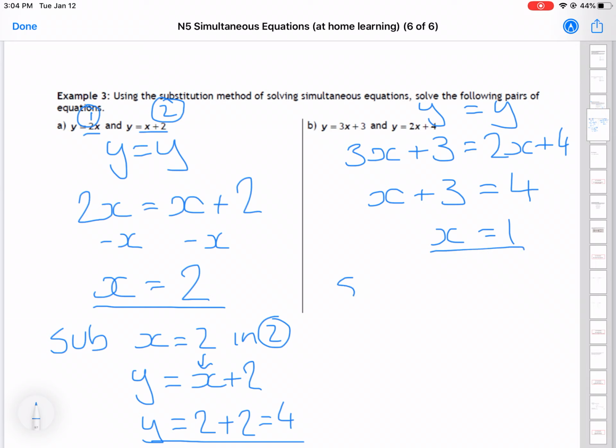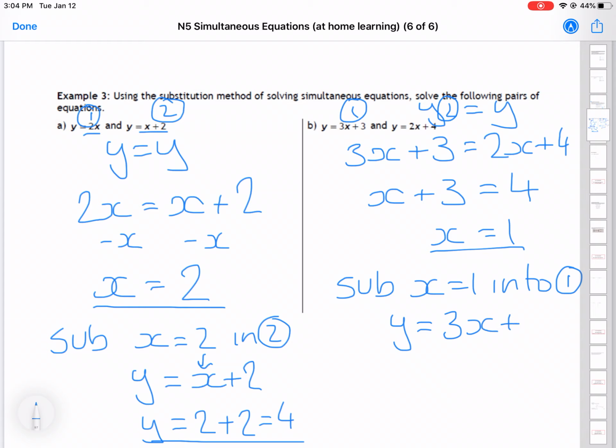X is 1, sub that into one of the equations. Doesn't matter which one you use, so just label them 1 and 2, and I'll substitute into equation 1 this time. Equation 1 was 3x plus 3, so 3 times 1 plus 3, 3 plus 3 is 6.